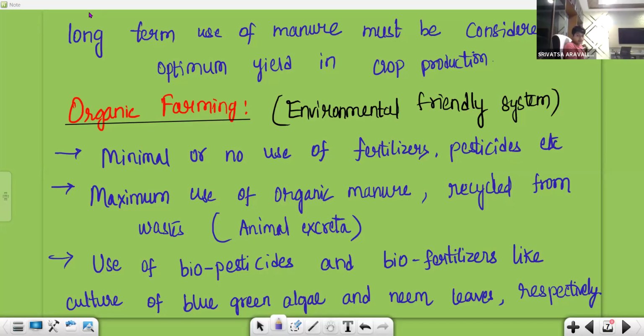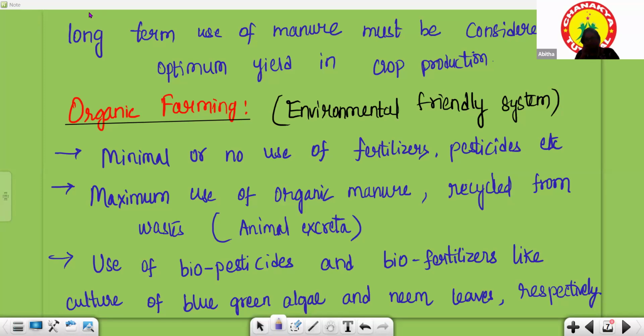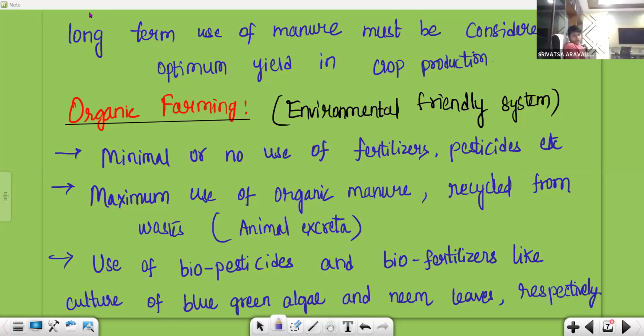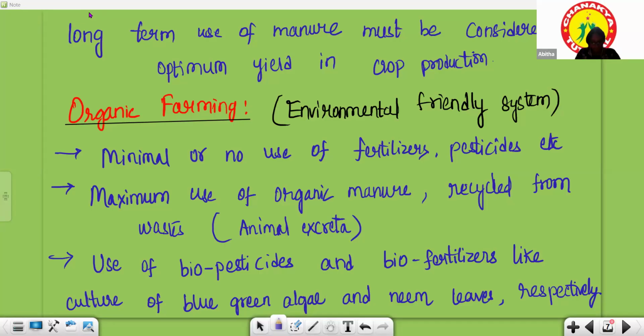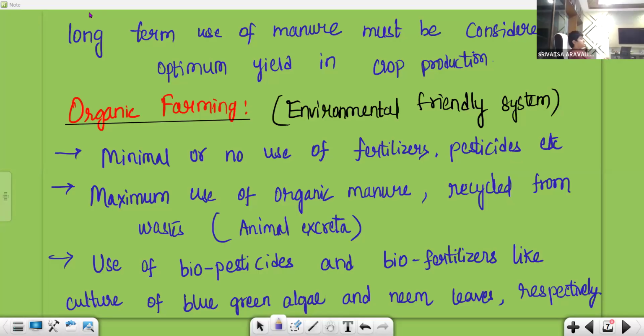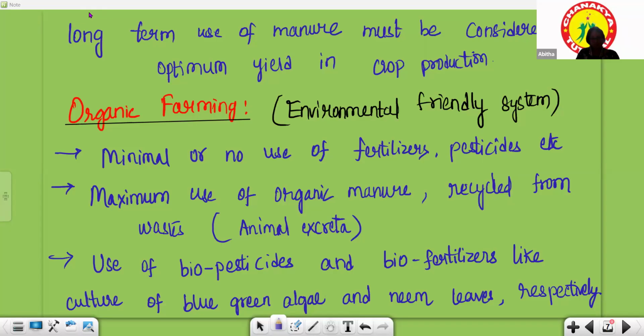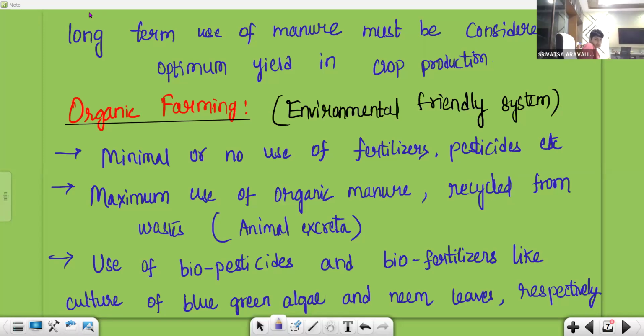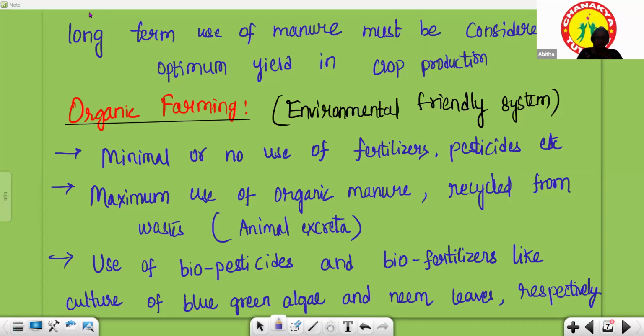Environmental friendly system. Next, minimal or no use of fertilizers, no pesticides, etc. Maximum use of organic manure, recycled from wastes and animal excreta.